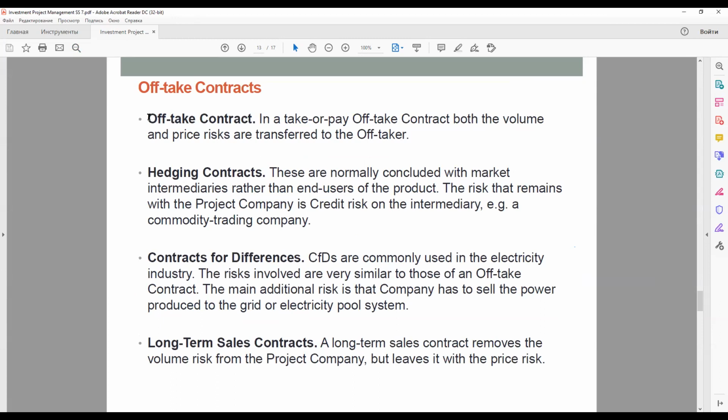It follows from this that a project with this type of contract can achieve the highest debt leverage and hence offer a lower production price. The main remaining risk for the project company with an offtake contract is the ability of the offtaker to pay for the product.